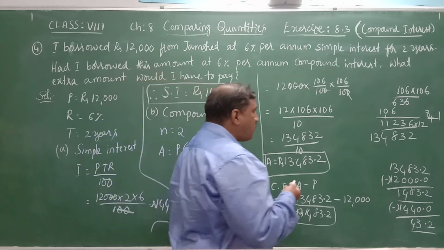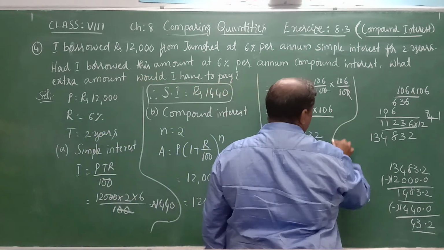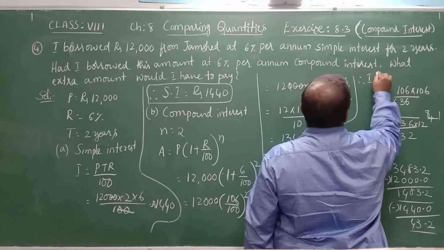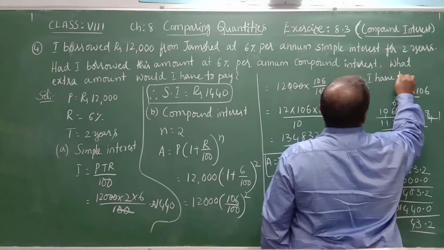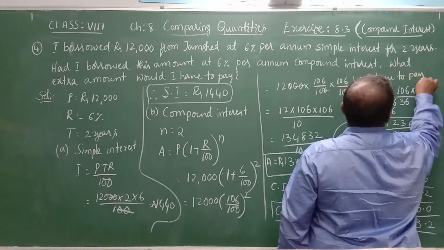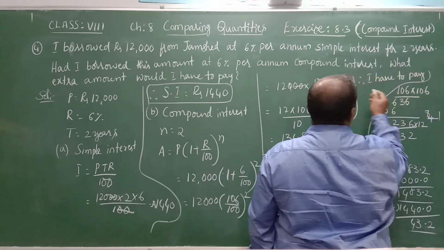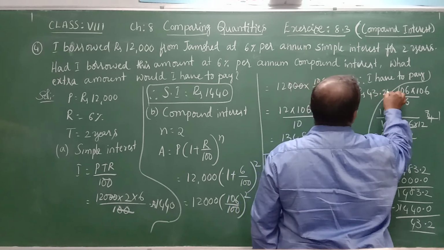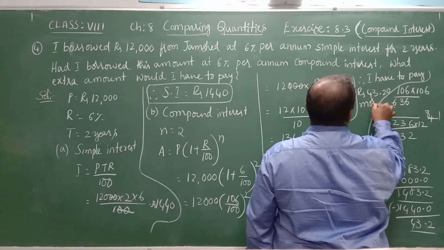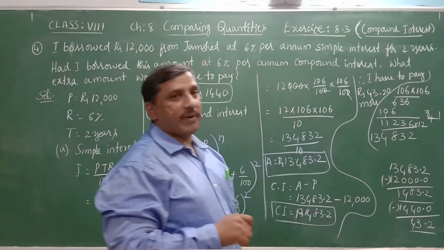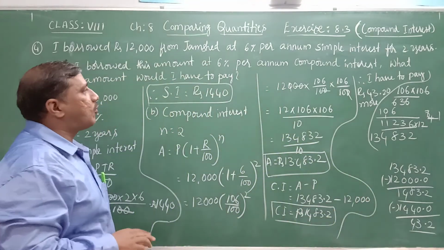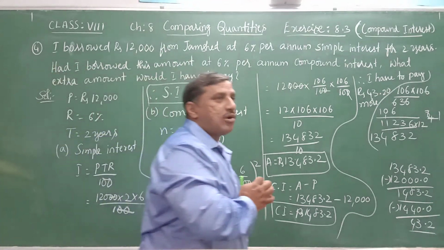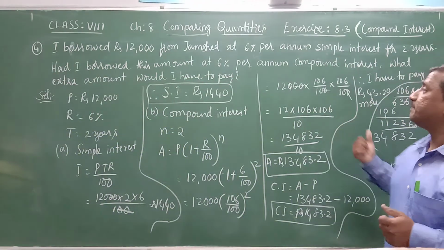How much does he have to pay more? Therefore I have to pay rupees 43.20 more. How much do I have to pay? 43 rupees 20 paisa more I have to pay if I have taken the same amount for compound interest compared to simple interest.